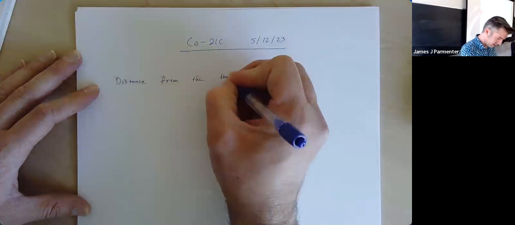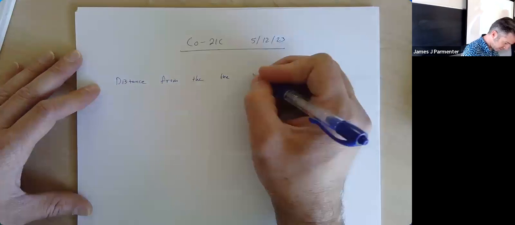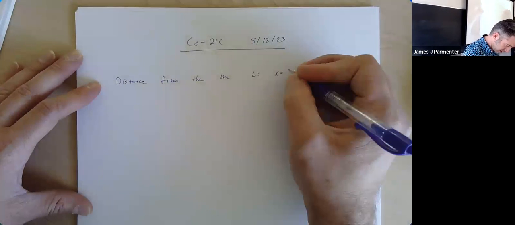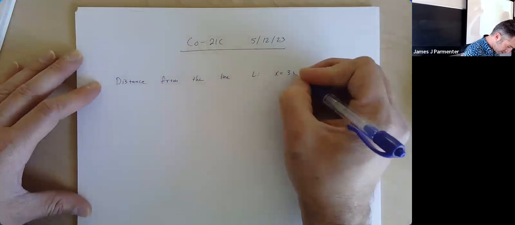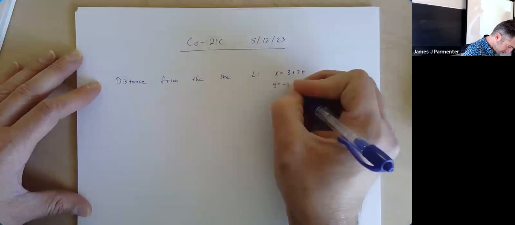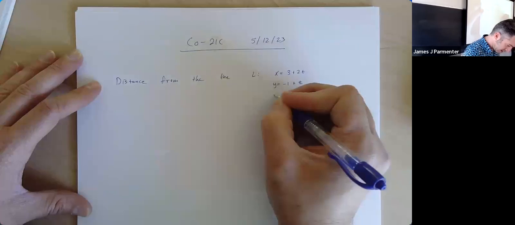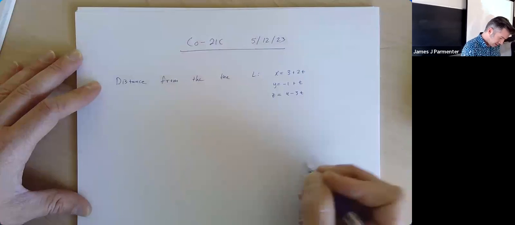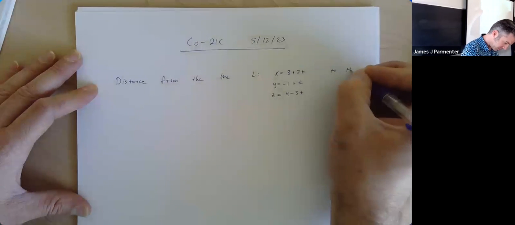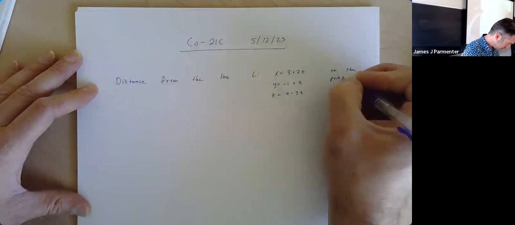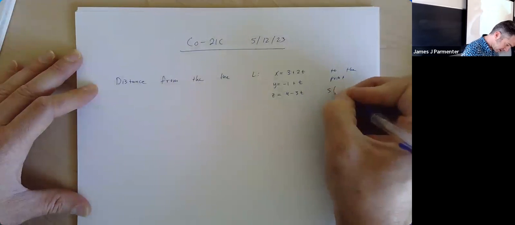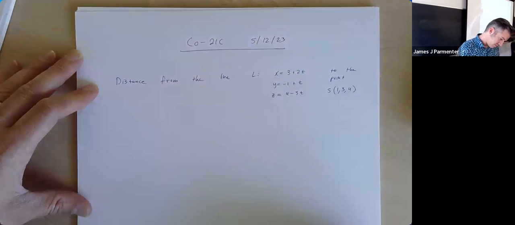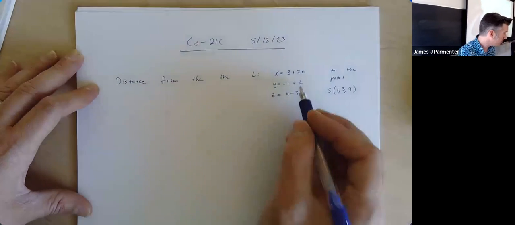Let's describe the line this way: given by x equal to 3 plus 2t, y equal to -1 plus t, z equal to 4 minus 3t, to the point, let's call it S, and let's say it's (1, 3, 4). Okay, cool.